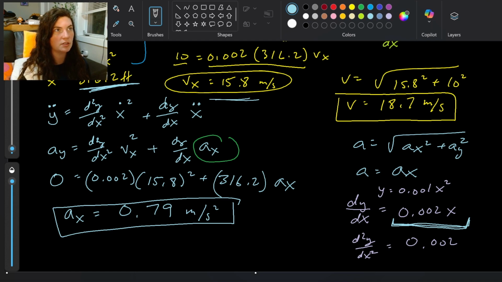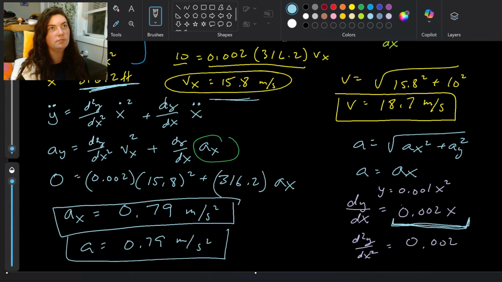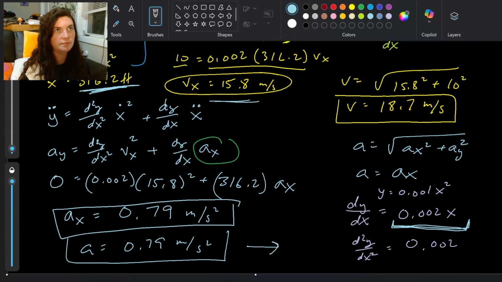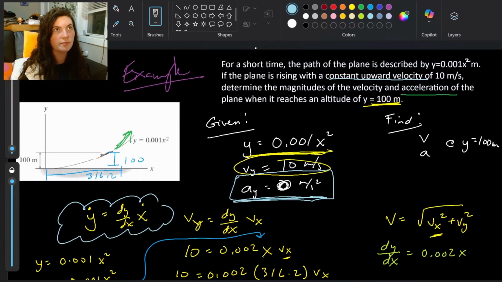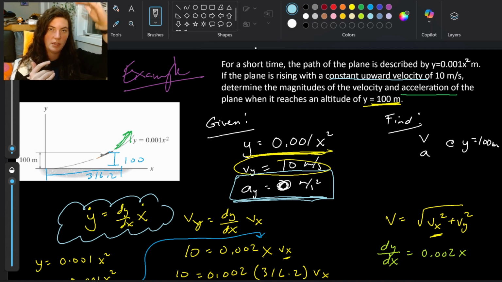0.79 meters per second squared in the x direction, which is, again, our overall acceleration in this case. And we don't need a direction, but if we did, we know it's entirely in the x direction. So again, these curvilinear motion problems are a lot like the rectilinear, where it's just keeping in mind that position, velocity, acceleration are all related by being derivatives of each other.